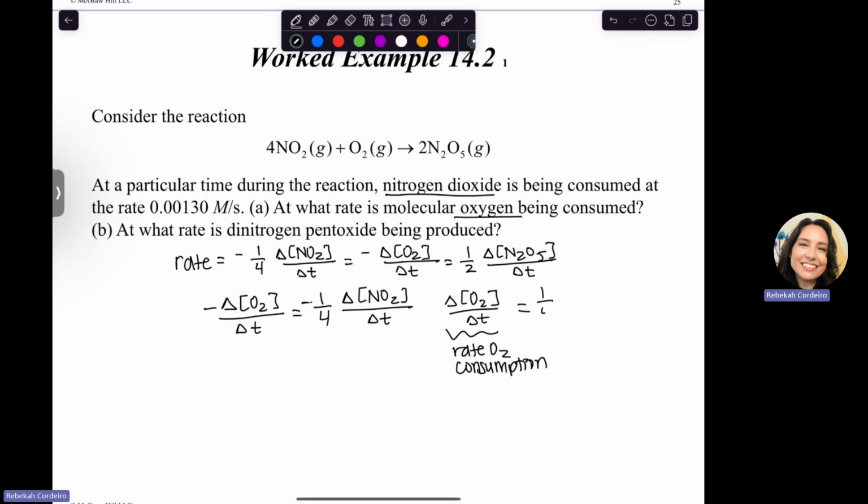It is equal to 1/4 of the rate of the NO2, because the NO2 is going 4 times as fast as the oxygen. And so if I just plug in 1/4 of 0.00130, that's the rate of the nitrogen dioxide consumption. The oxygen consumption would be 0.00325 molarity per second.